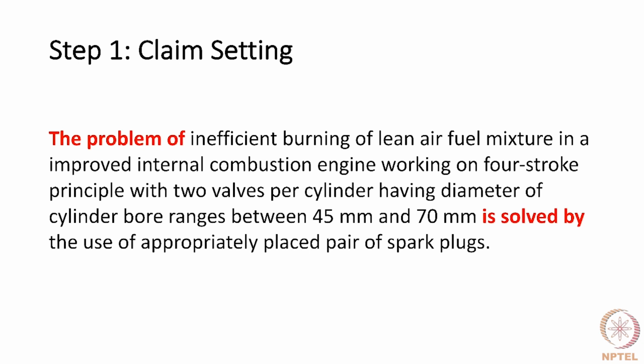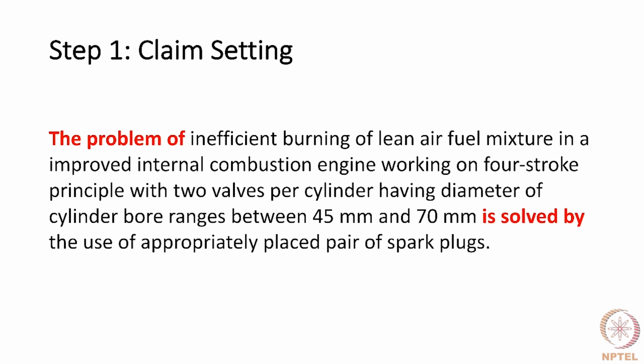So one way you can come up with an inventive feature is by restricting the scope so that it does not fall foul of the prior art. So the prior art in this case, as it was pointed out during the case, had a placement of 2 spark plugs in an internal combustion engine, but there was no restriction on placing it in a small bore.